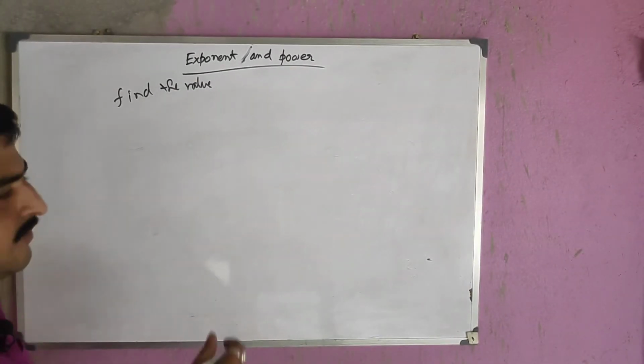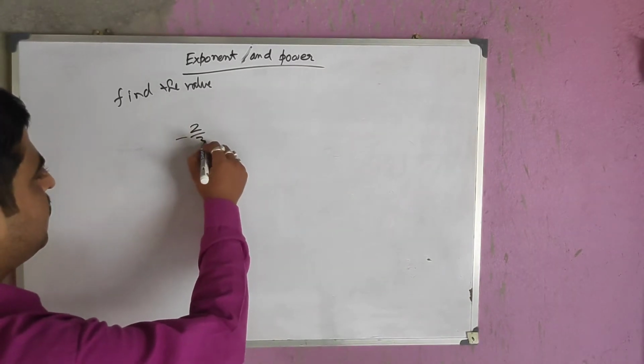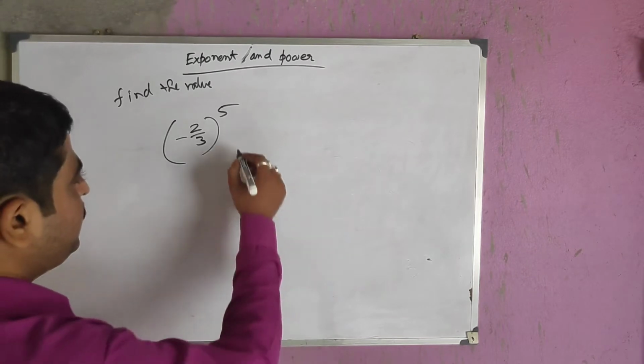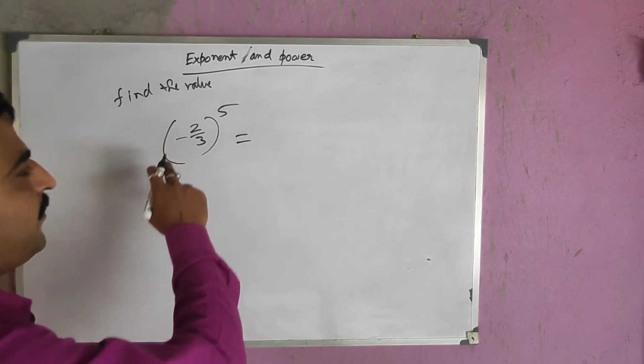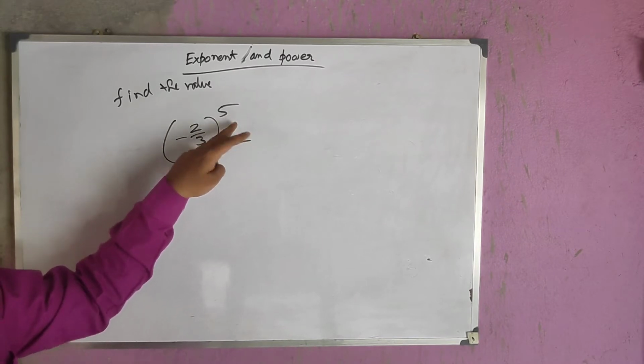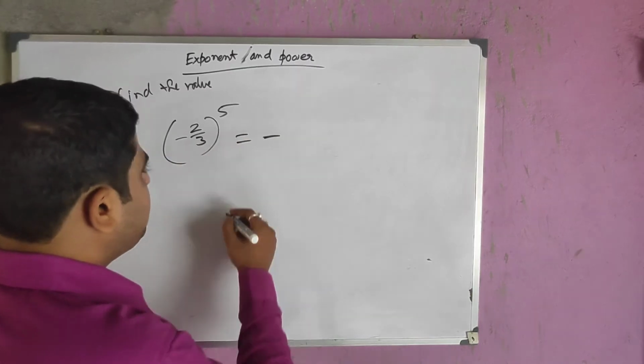Now minus 2 by 3 whole to the power 5. First you see the negative number has an odd power, so it will become minus only. Then we have to multiply 2 by 3, 5 times.